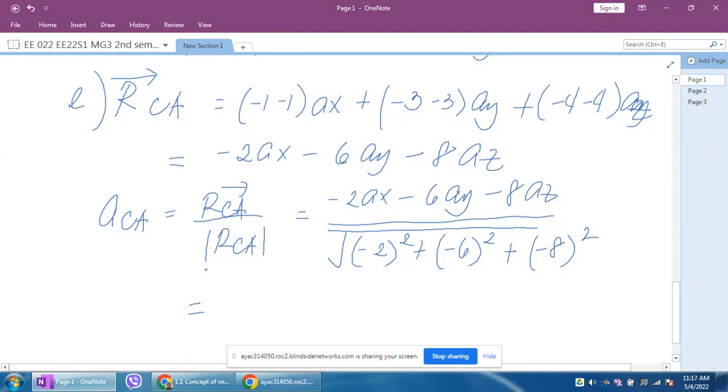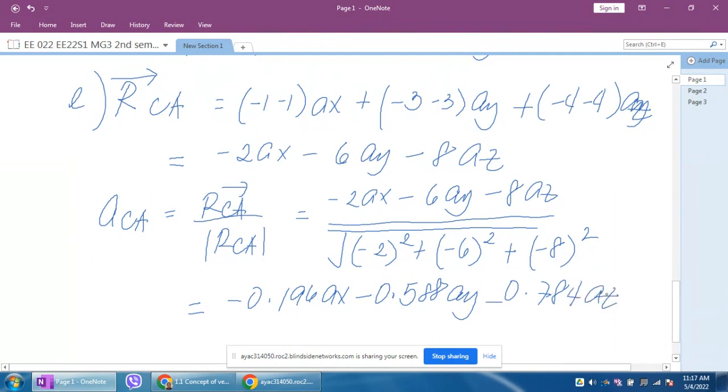So we will get a value equal to -0.196 AX minus 0.588 AY minus 0.784 AZ. So ito na po yung vector from C towards, a unit vector from C towards A.